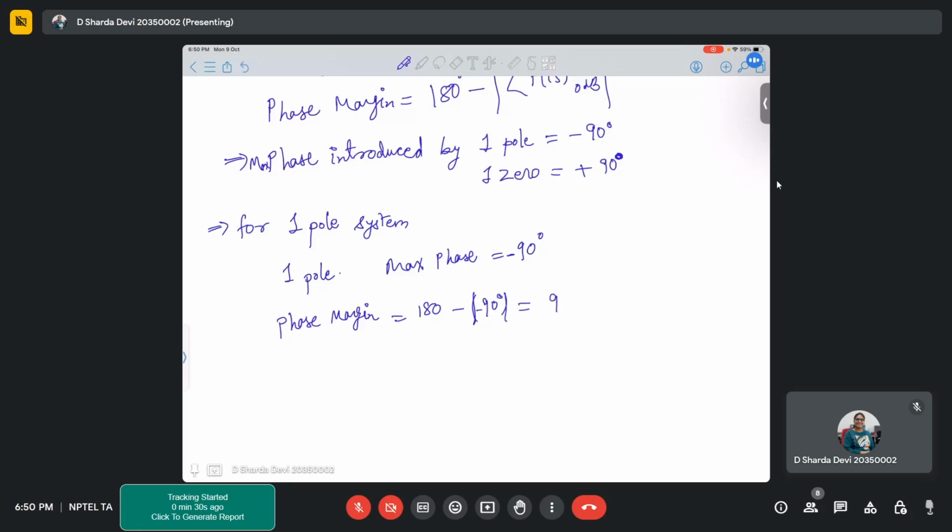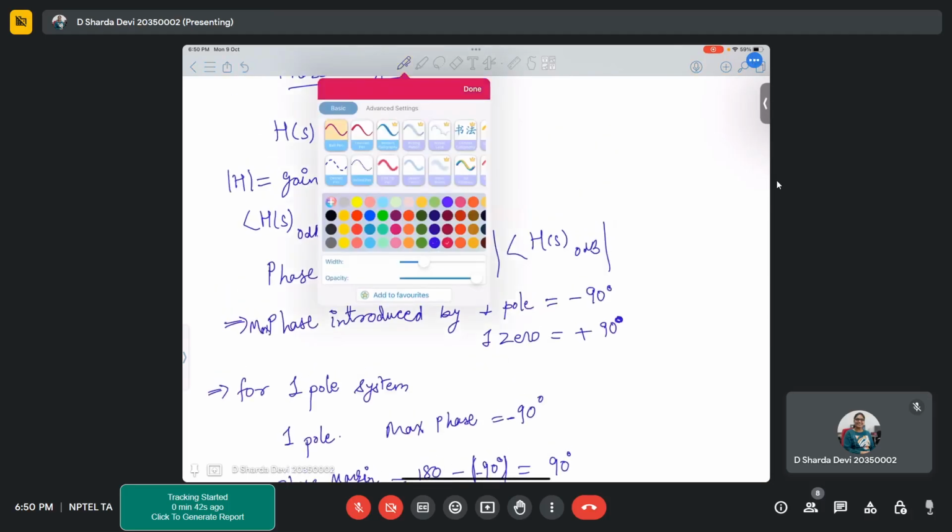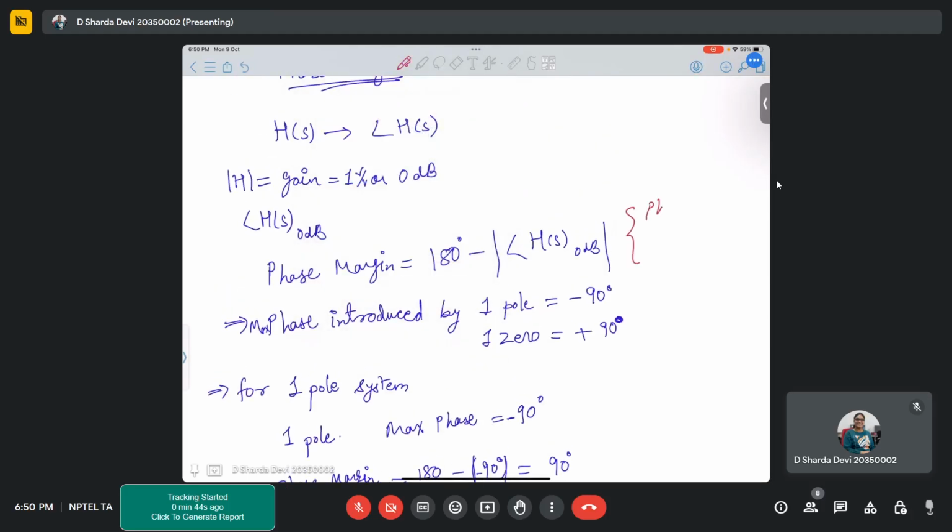So I'm always left with a phase margin of 90 degrees. That means your phase margin should never go to 0. If phase margin is 0, then unstable system.